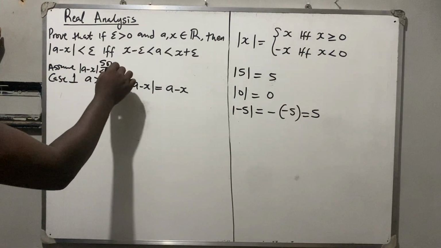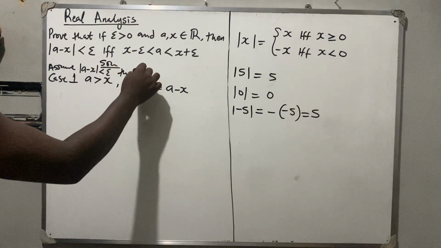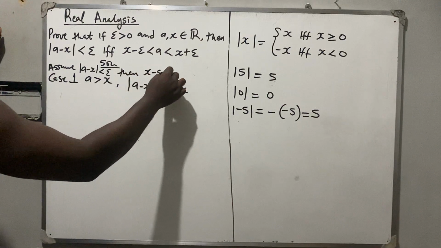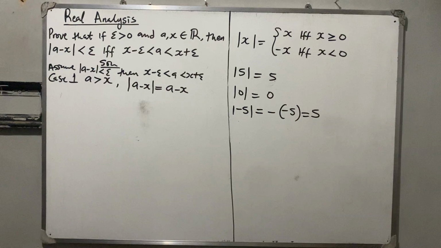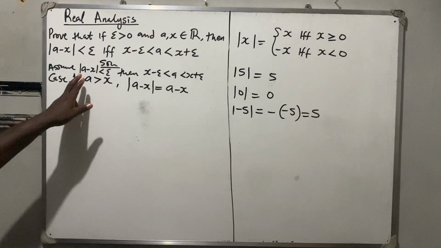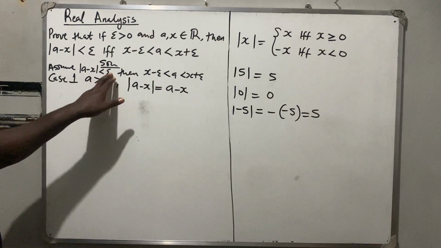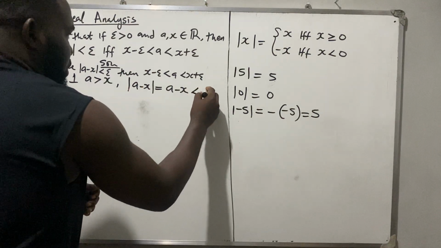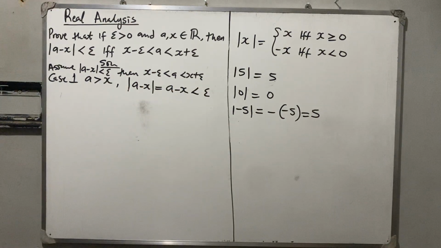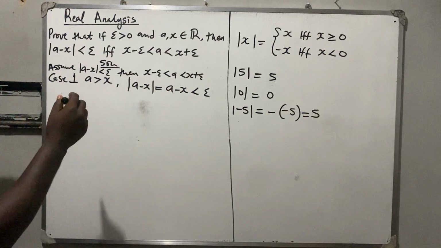So if we assume this, then we want to show that x minus epsilon must be less than a, which is less than x plus epsilon. So obviously the absolute value of this is less than epsilon. That is our assumption. So this, which is equal to this, must be less than epsilon. You get that? So from this point now, let me show you something.